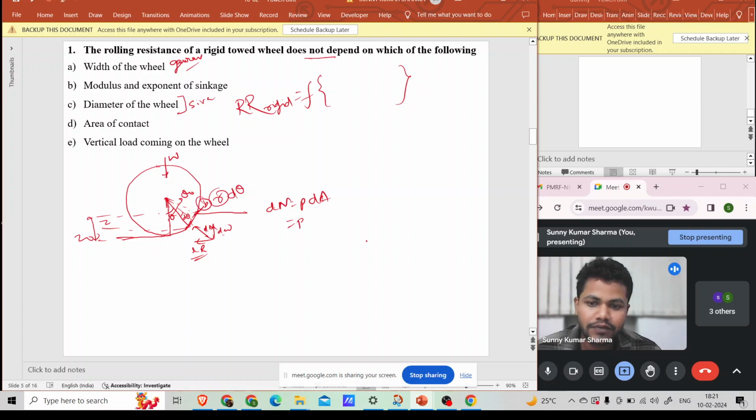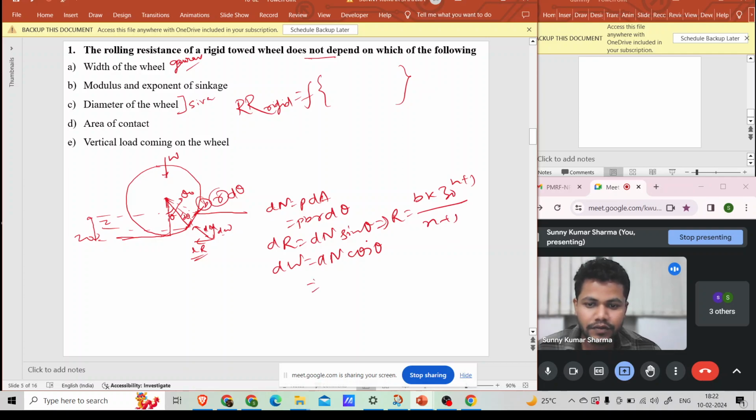Then dn will be the pressure into b r d theta, then dr will be dn sin theta, and dw will be dn cos theta. If you integrate, you will get R as b k z0 to the power n plus 1 by n plus 1, and integrating the other, you will get W is equal to some equation which you can always write down.